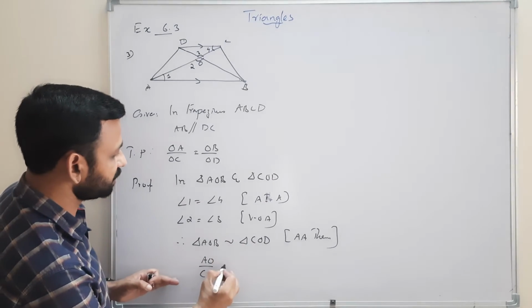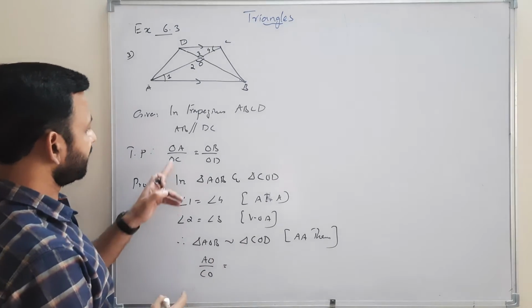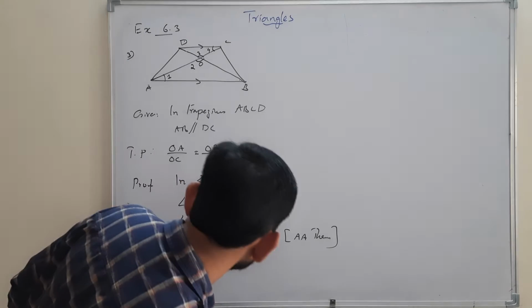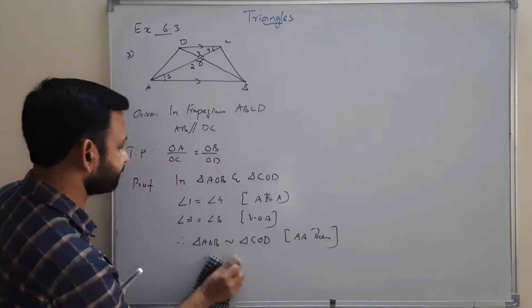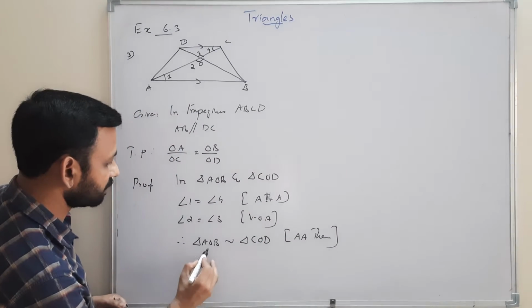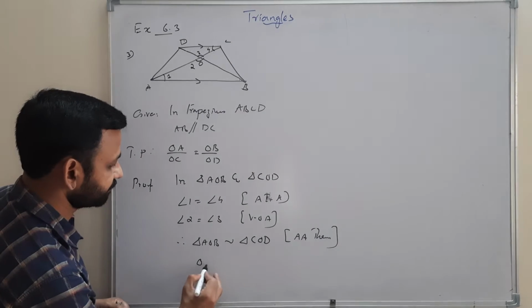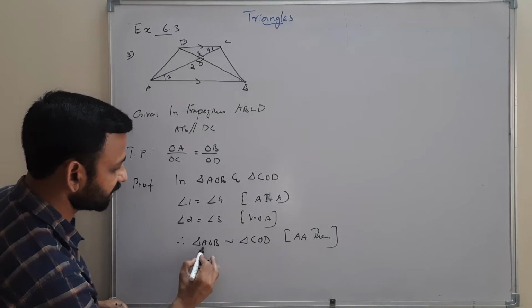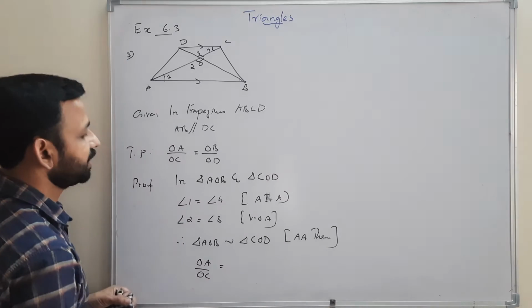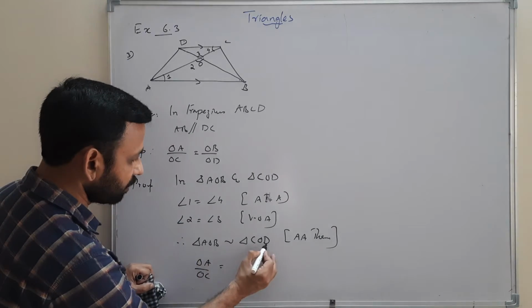So AO upon CO is equal to, here it is given OA, so in the place of AO we can write OA. OA upon OC. Corresponding sides OA upon OC is equal to, then OB upon OD.